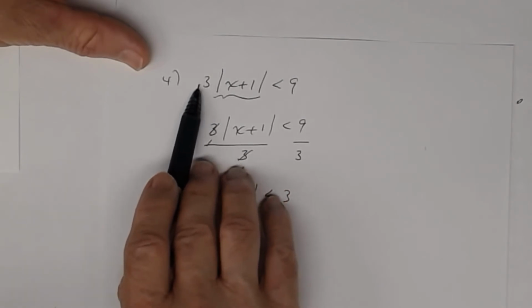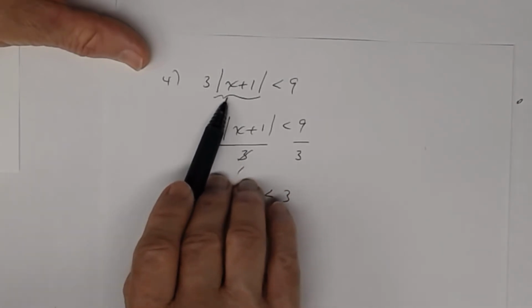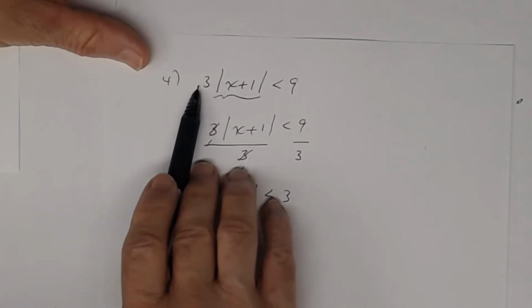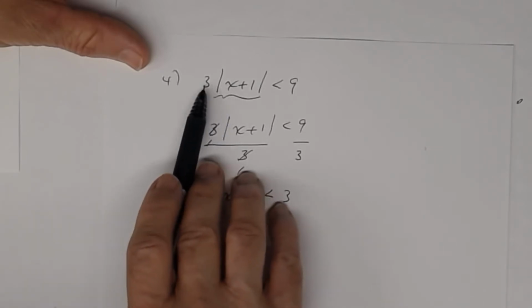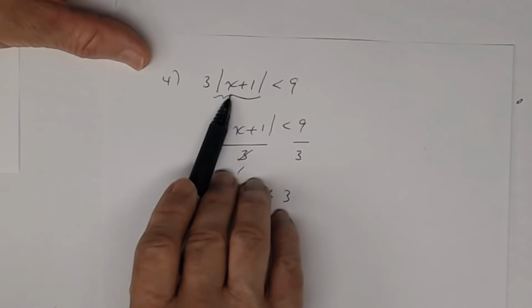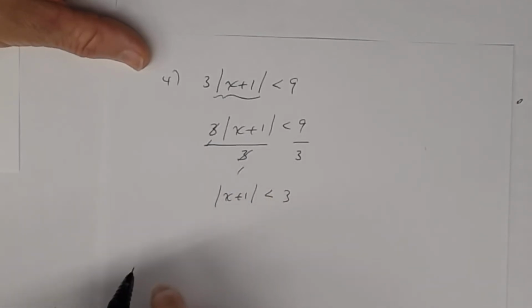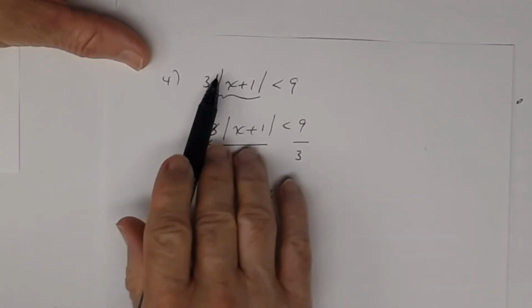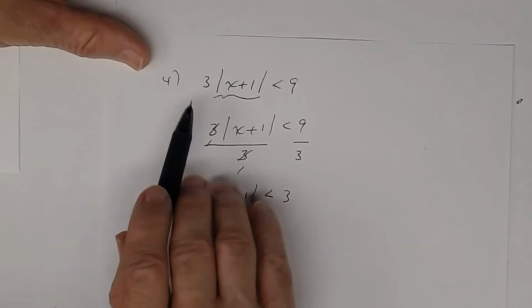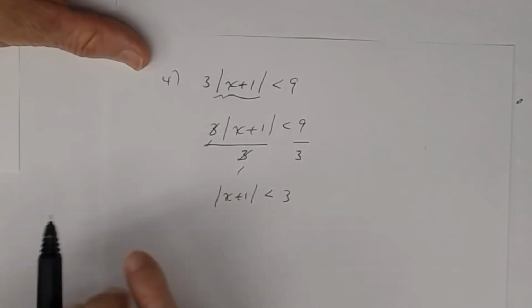If you distribute and you're not careful, you're going to end up making a very incorrect mathematical statement. If it's positive and you distribute, you're okay. But if it's negative and you distribute, you are not okay. This is no longer a valid mathematical statement. Those two statements that you write are not going to be the same.